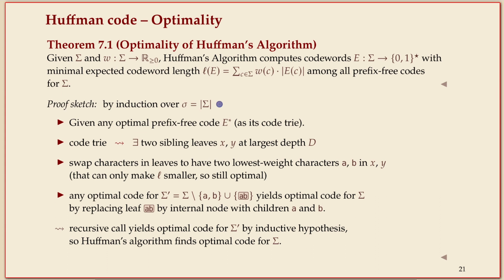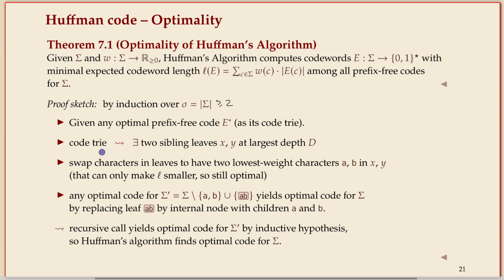For the inductive step, we assume we have some alphabet size greater than two. And then we'll start with an optimal prefix-free code that we don't know what it looks like, but we know there is one. We can't maybe construct it, but from a proof perspective, we could just assume that it's given to us, and we'll argue about it.